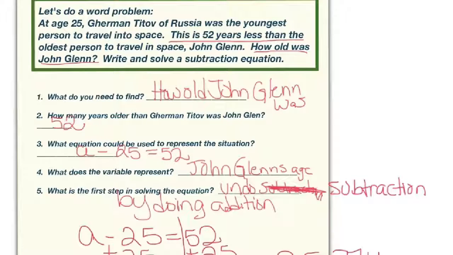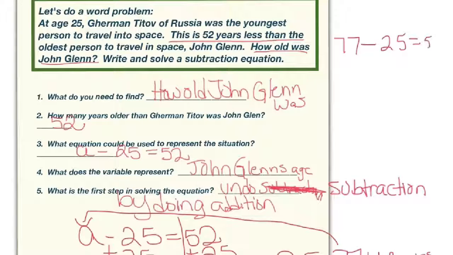So John Glenn was 77 years old. Hopefully that makes sense to you, and if you want to check your answer, you can take your variable and plug it right back in and do 77 minus 25 equals 52. You can check that on your calculator, and yes, that is correct.